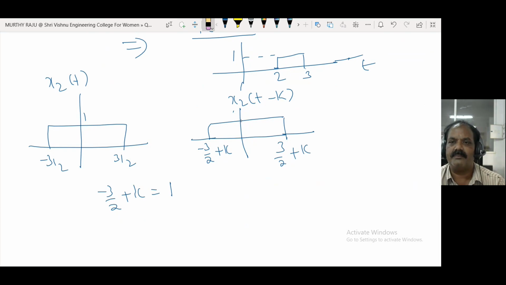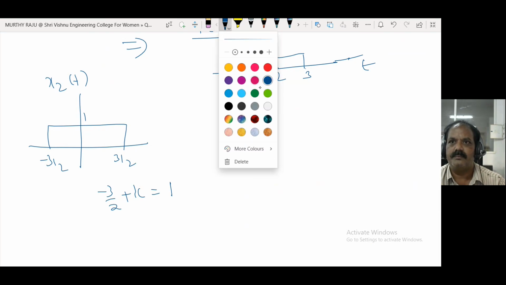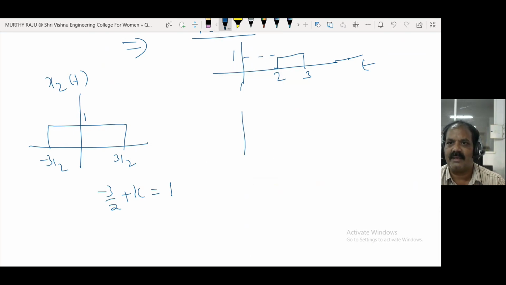This is the waveform, the shifting waveform. Minus 3 by 2 plus k is equal to 1.